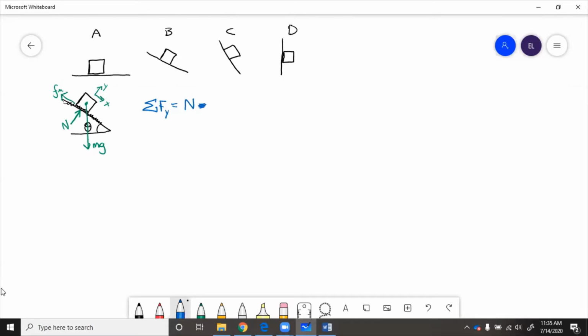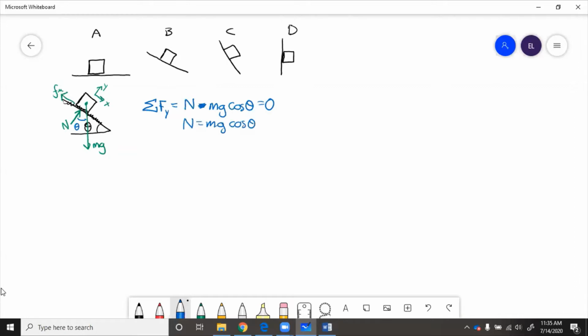If this angle of the plane right here is theta, then this angle right here between the normal force and the gravity is also theta. So then it's the cosine component that points into the plane. So N minus mg cosine theta in the Y direction, and the block does not move off of the plane, so we know that equals 0. N equals mg cos theta.